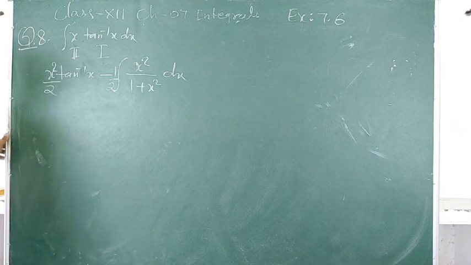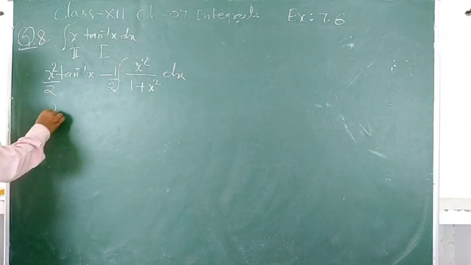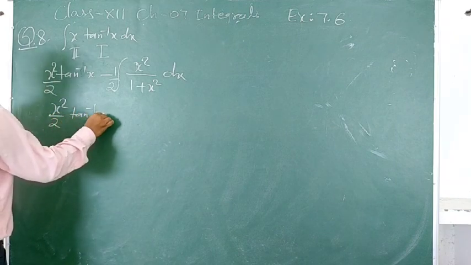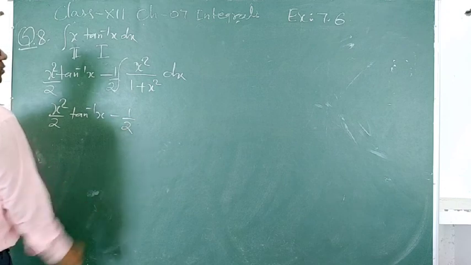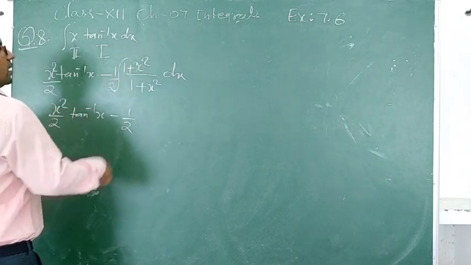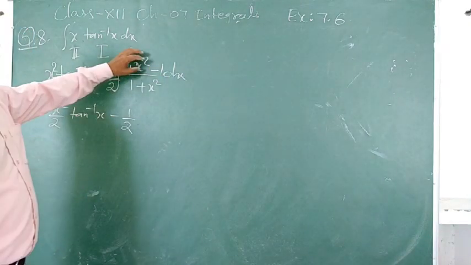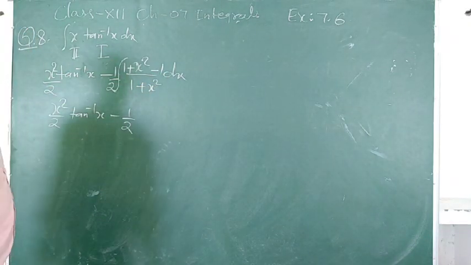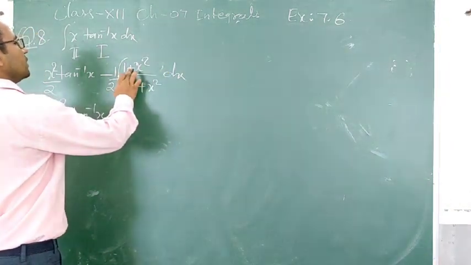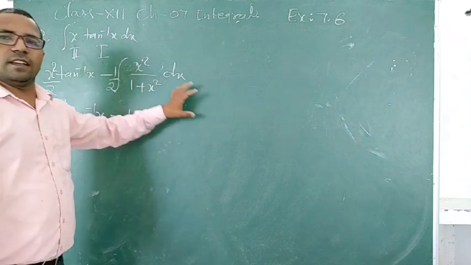So now students, what can we do here? x square by 2 tan inverse x and minus 1 by 2. We can add 1 here and subtract 1 here, because we do not know the integral of this particular function. You can understand in the next step, so keep this as safe.